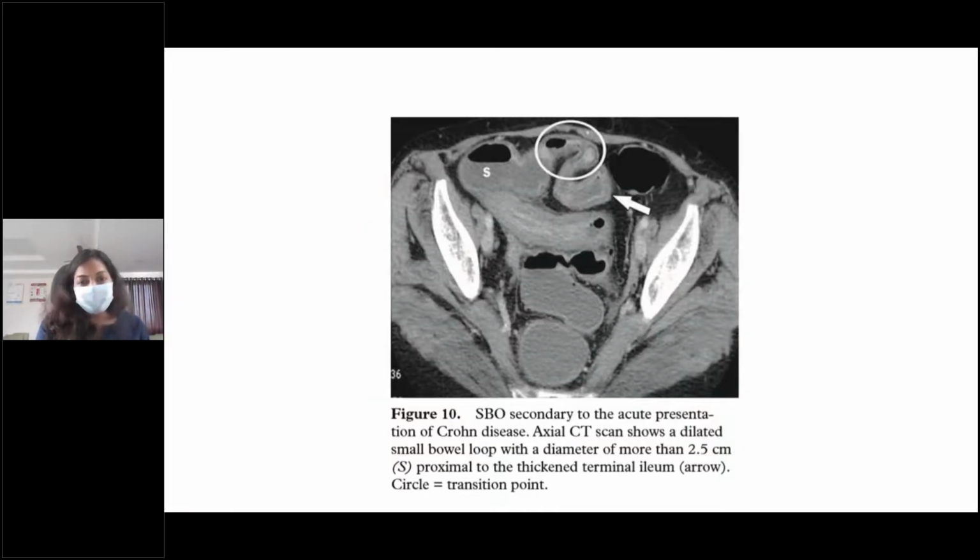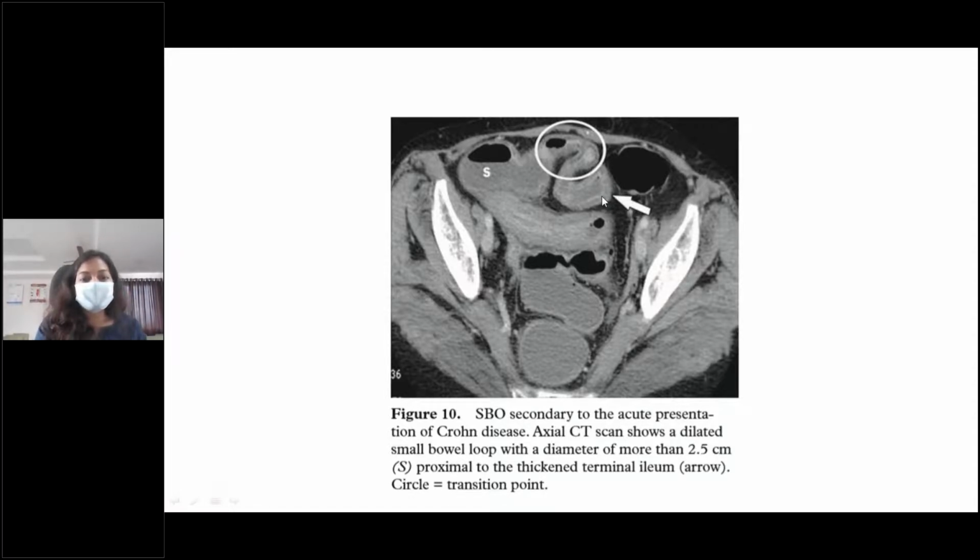This is a case of small bowel obstruction secondary to acute presentation of Crohn's disease. These are the CT axials showing a dilated small bowel loop with a diameter of more than 2.5 centimeters proximal to the thickened terminal ileum. This is the terminal ileum.